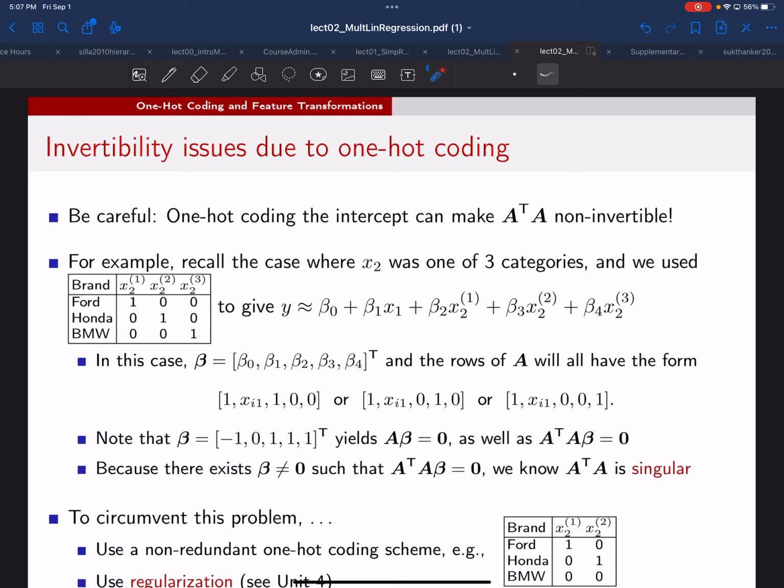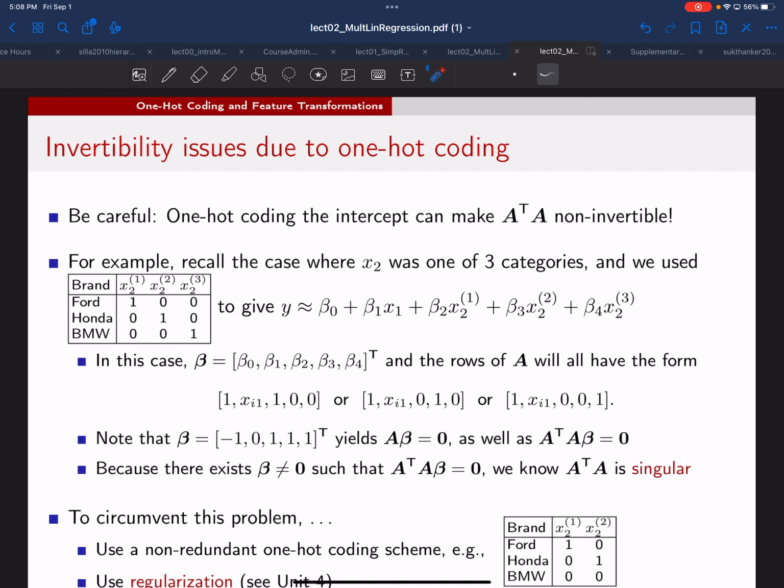So here's the thing. I can be sneaky, and I can construct this very weird beta vector that causes problems. Let me show you how. If I multiply this beta vector by my A matrix, I'm going to get 0, because I get 1 times -1, that's a -1, then we add 1, so I get a 0, and then adding zeros.